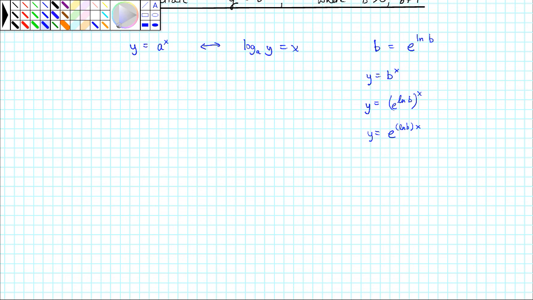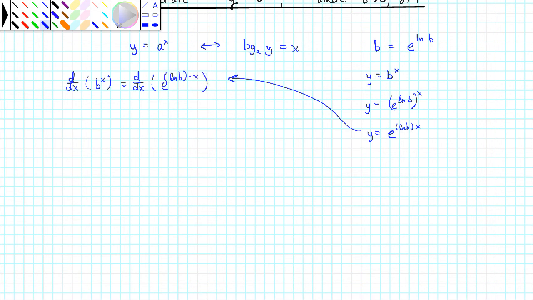So the derivative with respect to x of b to the x is the derivative with respect to x of e to the ln of b times x.